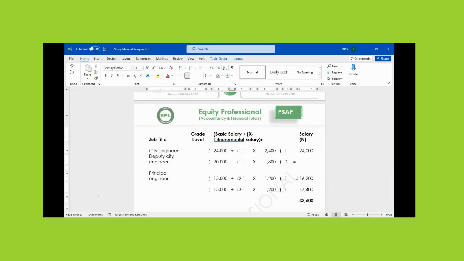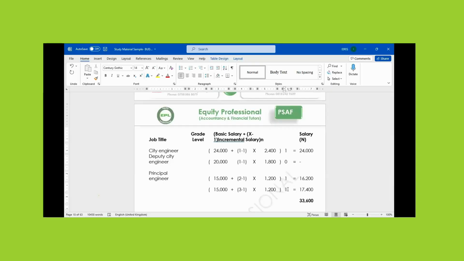So 15,000 plus 3 minus 1 times 1,002, that is 2,004, plus 15,000 is 17,004. 17,004 times 1 is 17,004.